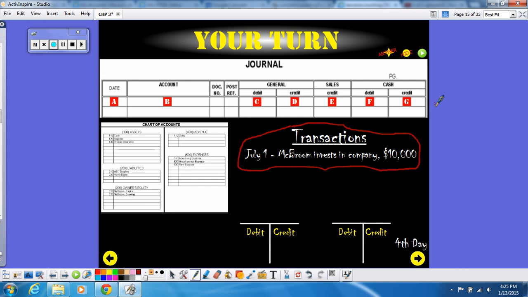Not immediately. I want you to try to do it on your own. See if you can put it in there. Once again, you're going to write it on the second line, this line here. And you're going to write A, B, C, D, E, F, G across, and you'll find out later why you do this. Write those, please, and then try to complete the journal. I'll give you a second or two to do that.